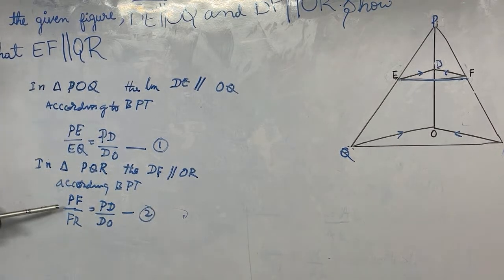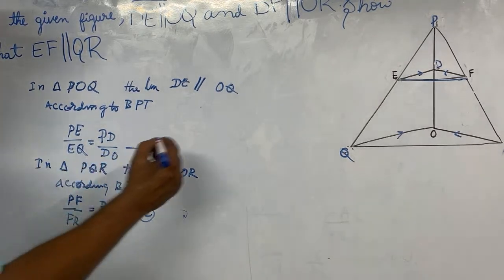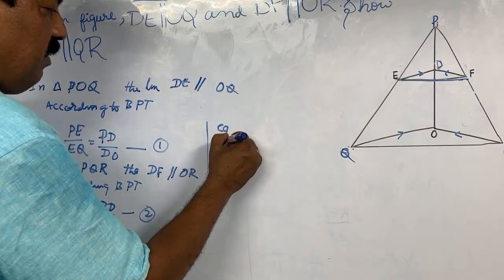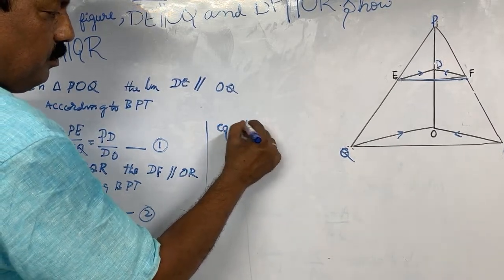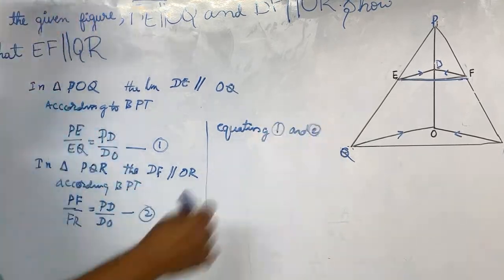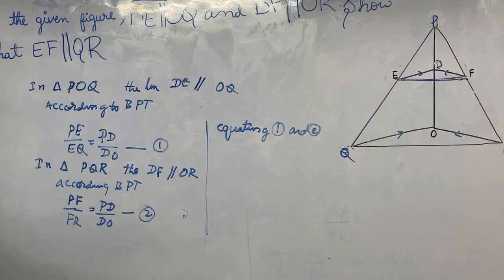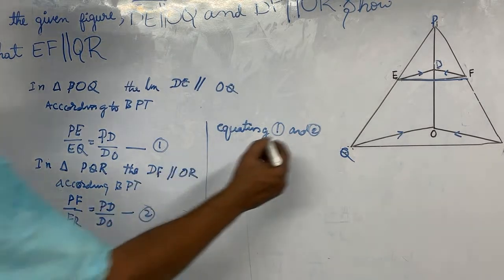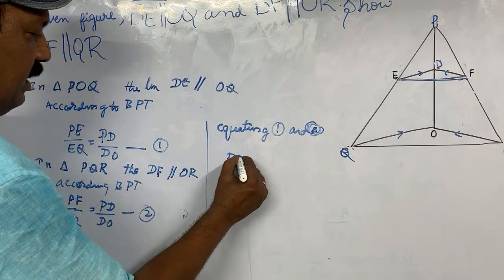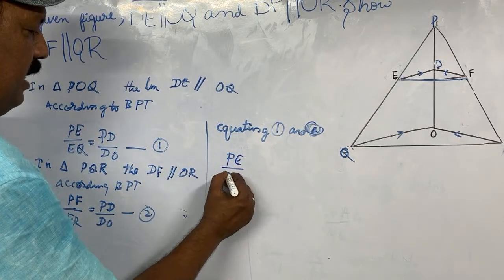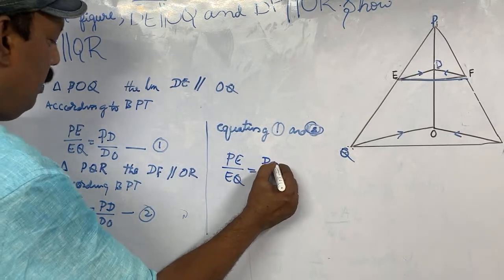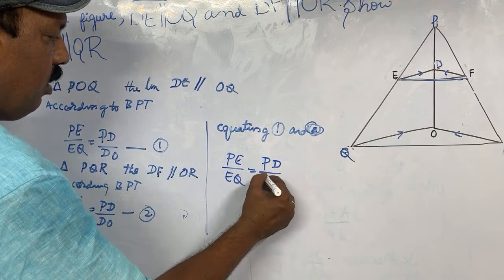Now we equate equations 1 and 2. The first equation is PE by EQ equal to PD by DO.